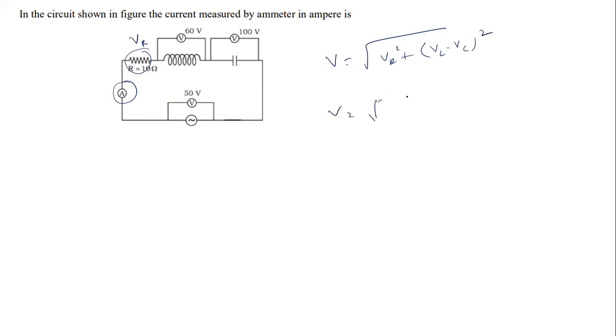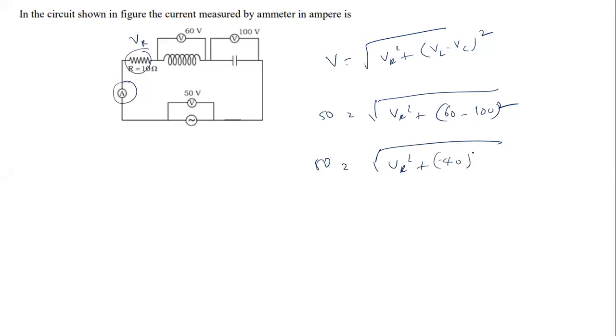Of course, here the applied potential is 50. VL is 60, VC is 100. So 50 is equal to the square root of VR square plus 40 square.